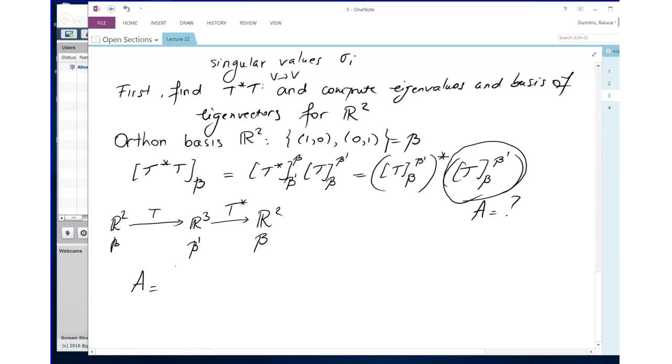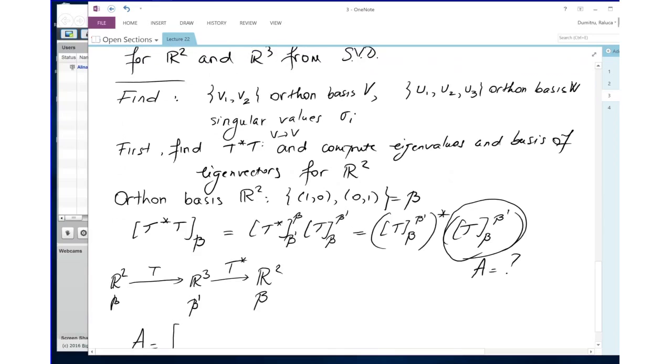So what dimensions does A have? T is going from R2 to R3, so the matrix is 3 by 2, right, backwards. 3 rows by 2 columns. The first column is given by T of the first vector, which is T of 1, 0, written in the basis beta prime, which is E1, E2, E3, the simplest one possible.